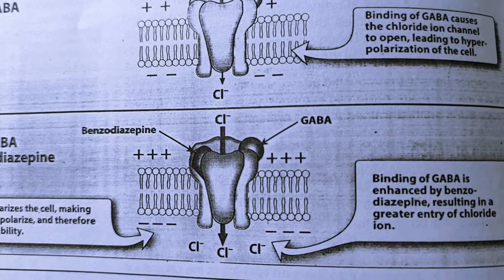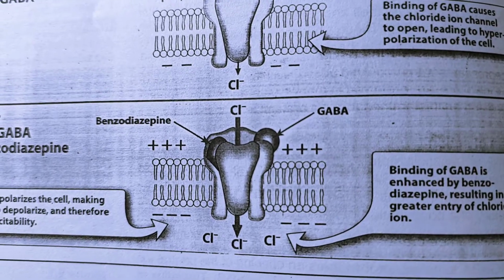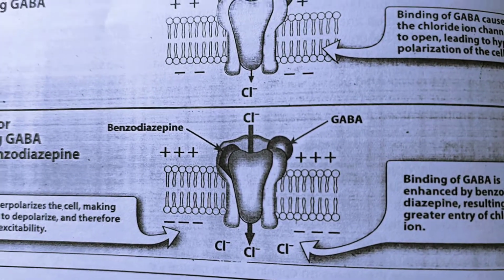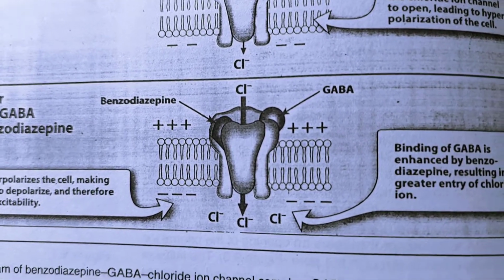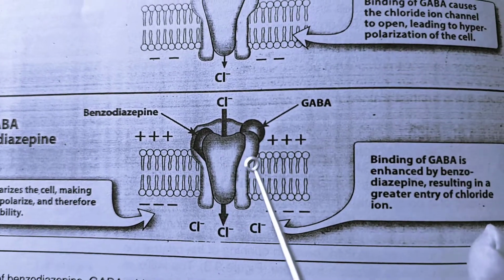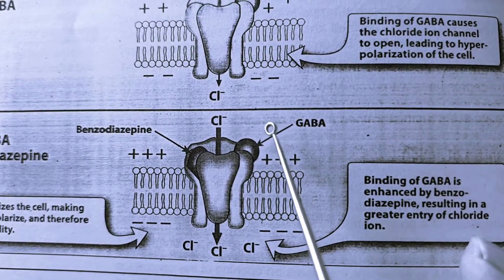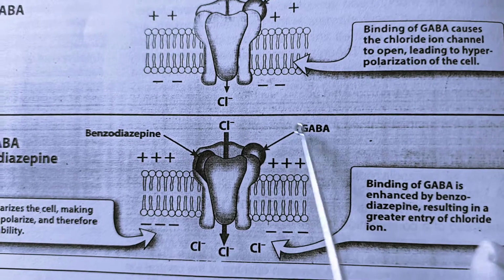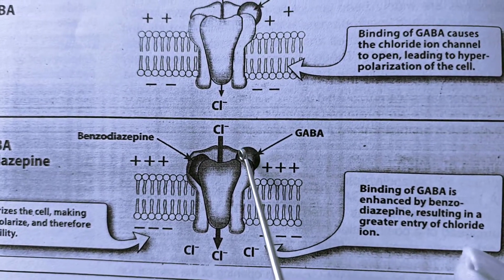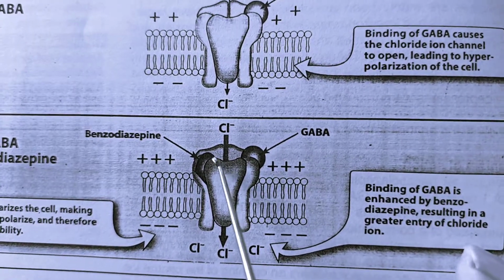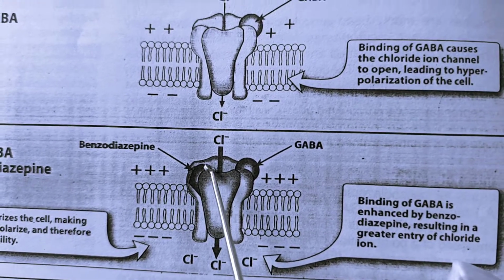So one interesting thing about the benzodiazepine receptor, or the pharmacology of benzodiazepine, is that the original neurotransmitter GABA binds in a site that is different from the drug binding site.